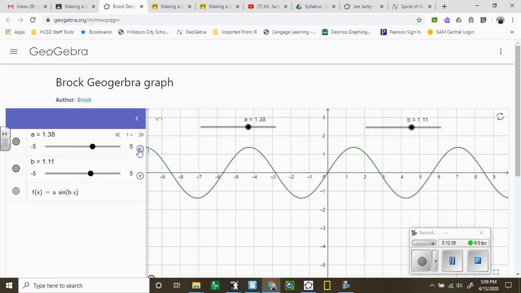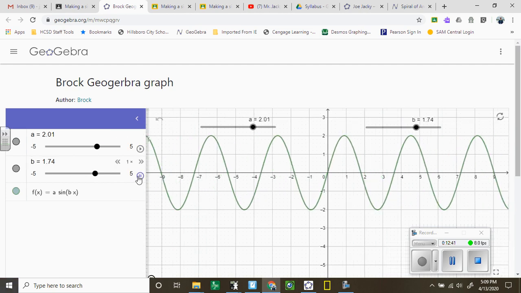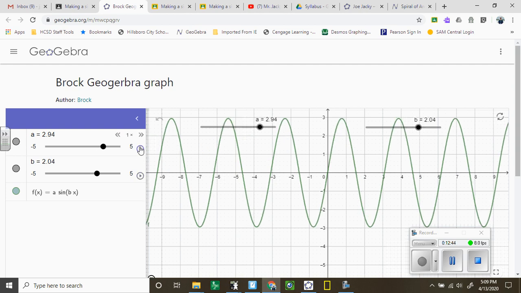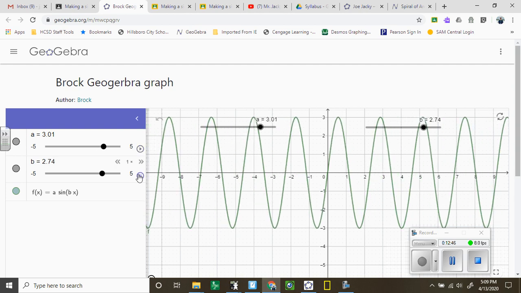So if you hit play, that's how I want to see it, that way. Okay, so turn it into the Google Classroom thing. So that's what I want you to do. And then there's going to be more instructions to come on how to do this.